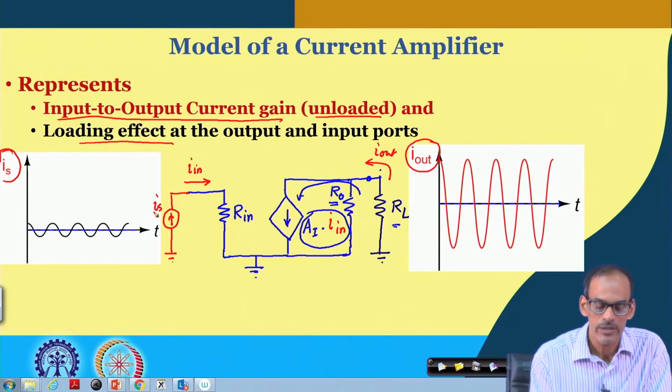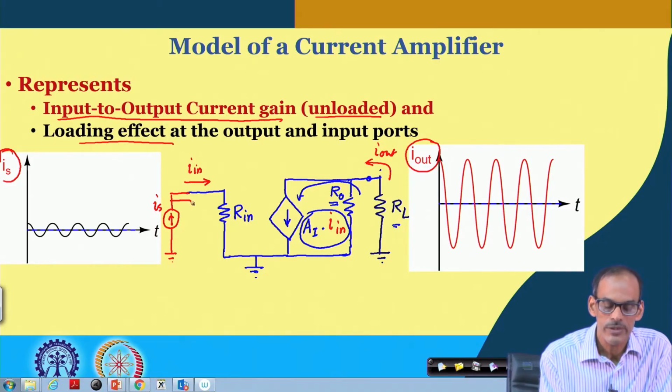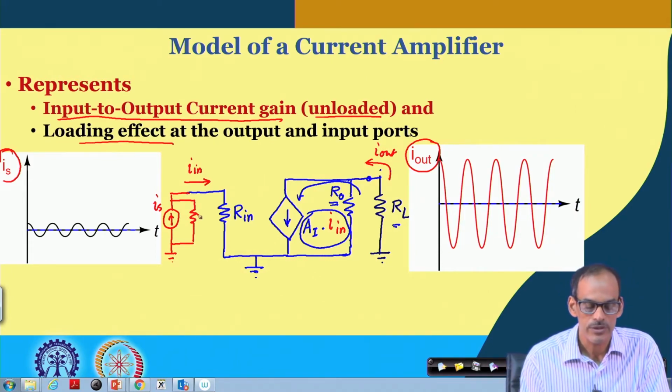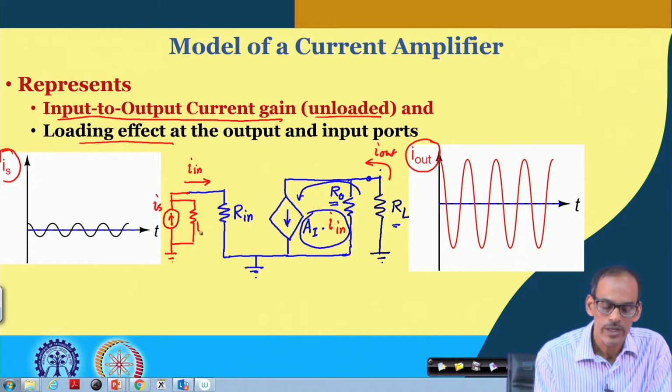Along with this I s, practically there is some conductance, which we can call G s, the source conductance, or write in terms of resistance R s.